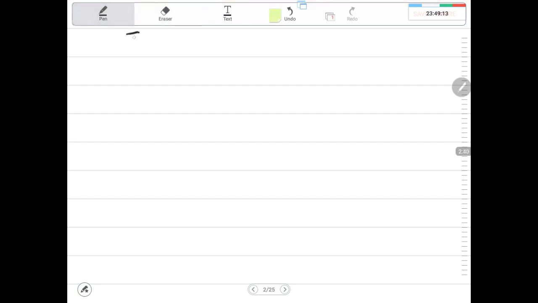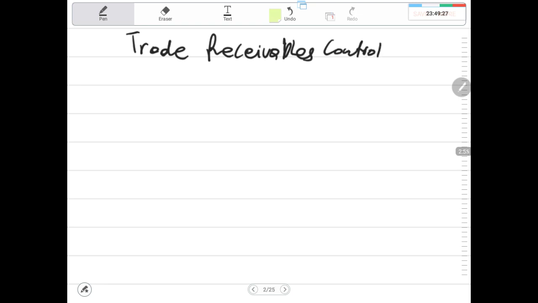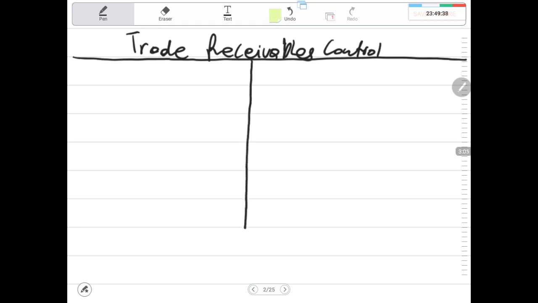Now we have what is called trade receivables control, where all the trade receivables are recorded. Trade receivables control. Now this is the trade receivables control.